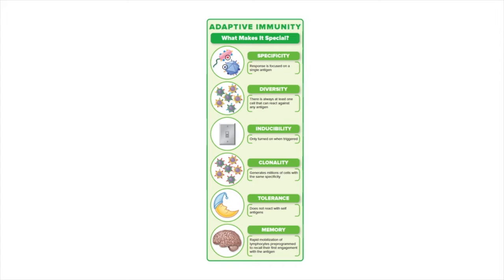So first, going over some very basic fundamental things about adaptive immunity, which is what vaccines use. There are three major things we're going to talk about today. First of all is specificity.